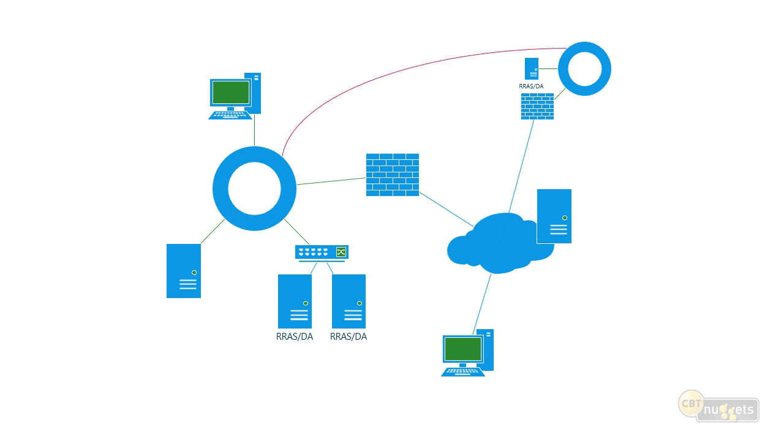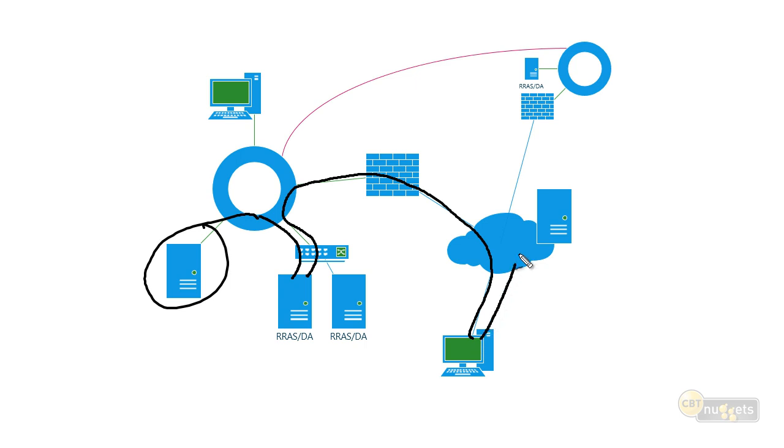Now, another design choice you're going to have to make is something called forced tunneling. By default, when a remote DirectAccess client creates its connection to DirectAccess, that allows it to get to your internal network resources, like a file server, web server, whatever else. But DirectAccess knows which addresses are on your internal network, and it knows which addresses are on the regular internet, and it won't use that tunnel to access internet resources.